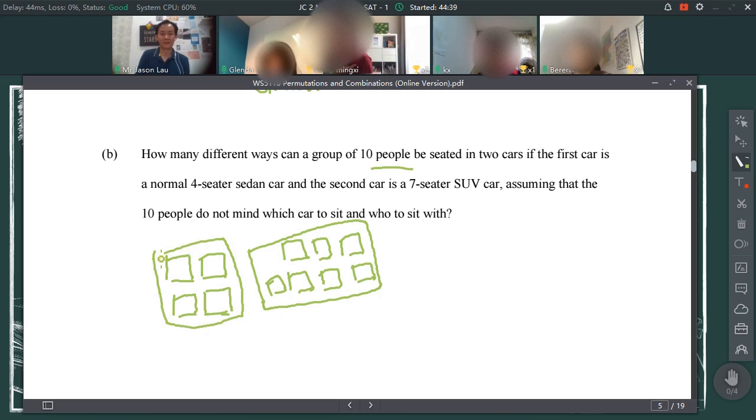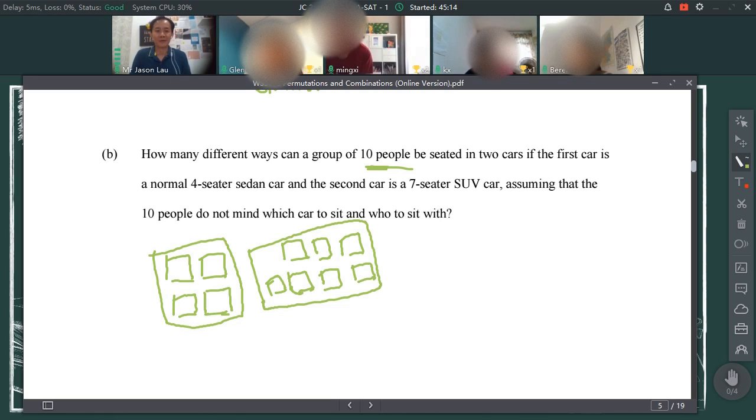If they don't say otherwise, that means they matter, because physically they do have different positions to sit. If you look at common experience, when you sit in a car there are different seats. They are not the same. Okay, so you have this one. The thing is, how come there are 10 people and an empty seat? There's one empty seat. So how many ways to sit them?